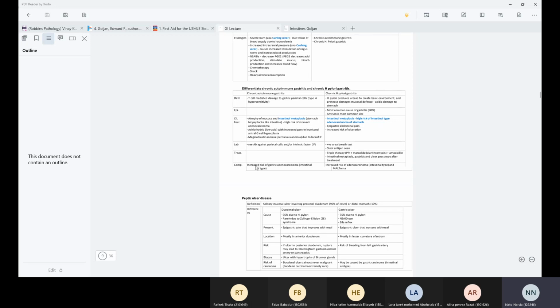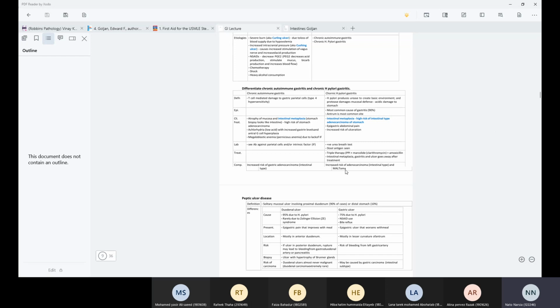So increased risk of gastric adenocarcinoma, intestinal type. That is one complication. And here you have increased risk of intestinal type as well as maltoma. Maltoma is lymphoma, guys, lymphoma that you find in this GI lymphoid tissue. Why does it happen?